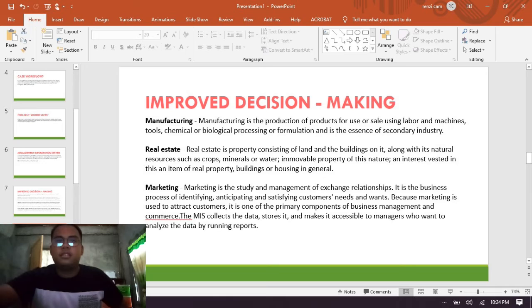The sixth is real estate. Real estate is property consisting of land and the buildings on it, along with its natural resources such as crops, minerals, or water.